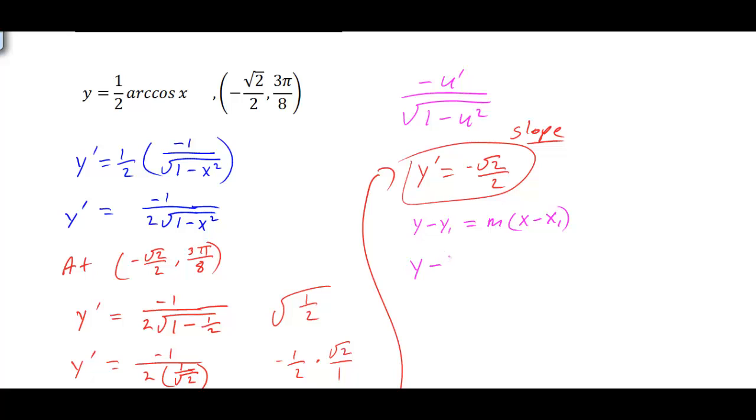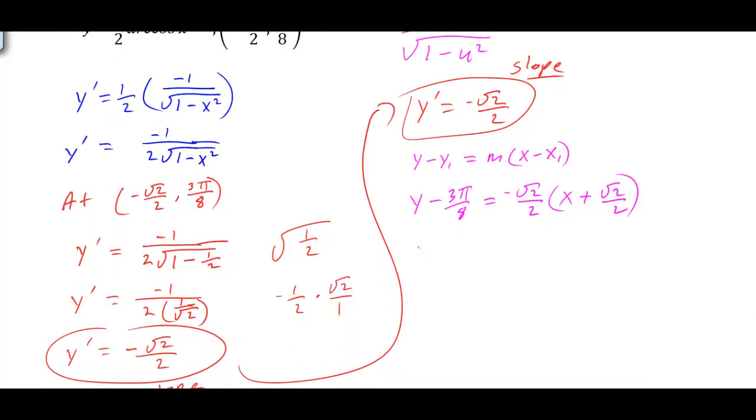Well, that would be 3 pi over 8 equals our slope, negative square root of 2 over 2, times x minus, now notice here it's x minus a negative square root of 2, so that's going to make it positive square root of 2 over 2. And here we have the equation of our tangent line.